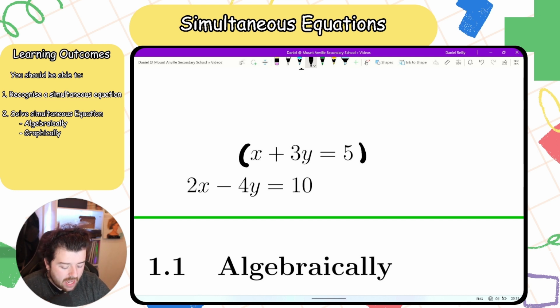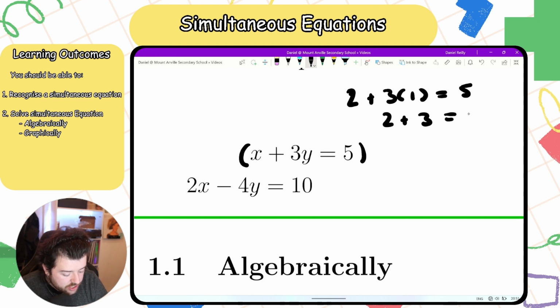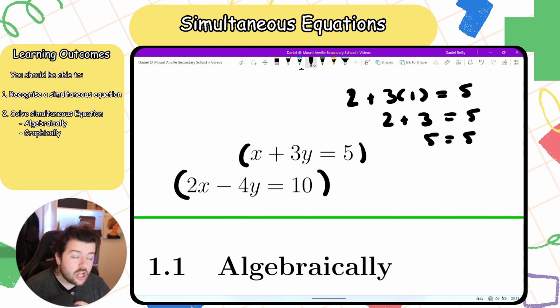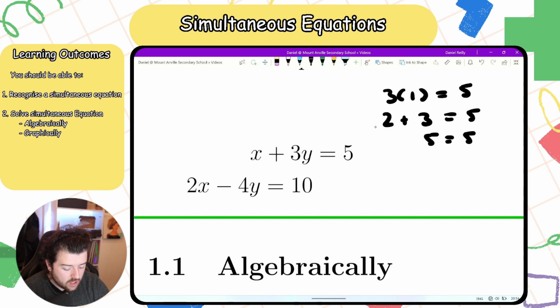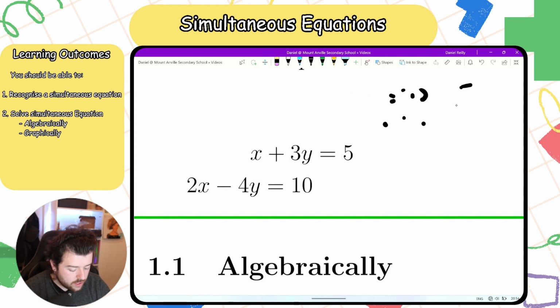For example, x + 3y = 5: I could say x = 2 and y = 1, and that is a solution for that equation, but that doesn't necessarily mean it's the solution for this equation here. So simultaneous equations are asking us to find a solution for x and y that satisfy both equations. Let's look at how to do that.